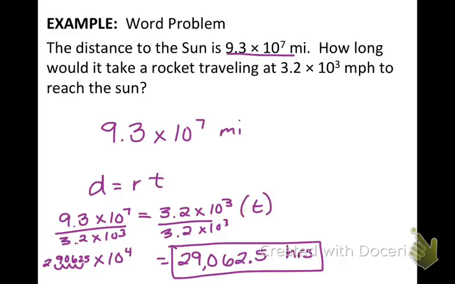How many days is that? 29,062.5. How would I figure out days? Divide that by 24. So that's 1,210.9 days. Yeah, so we'll round it to 1,211. So then how would I take that to years?